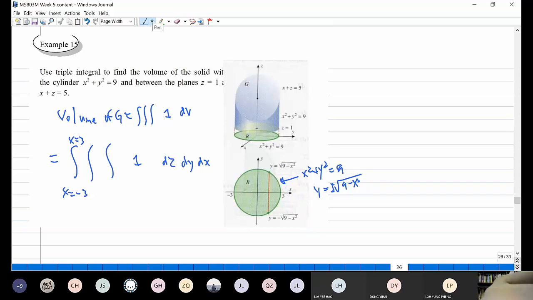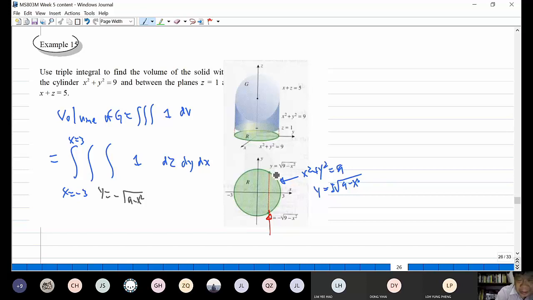So this is how y enters the region, from below. The first point you get in is y equals minus the square root of 9 minus x squared.